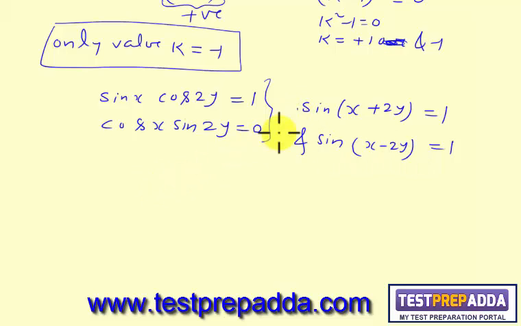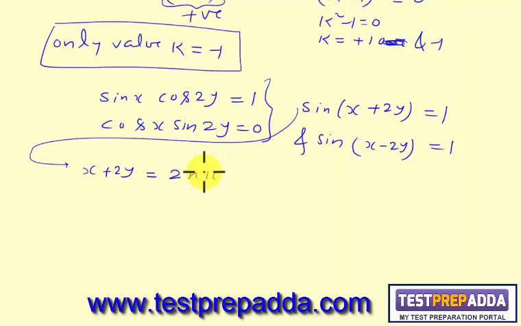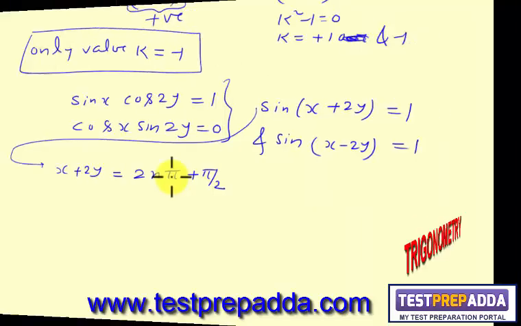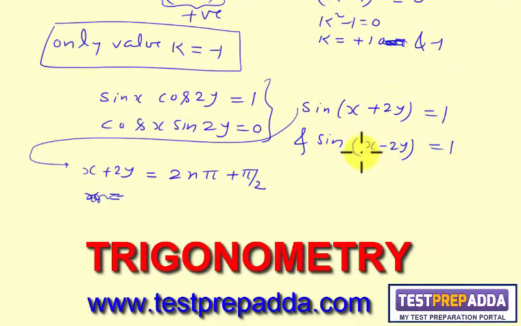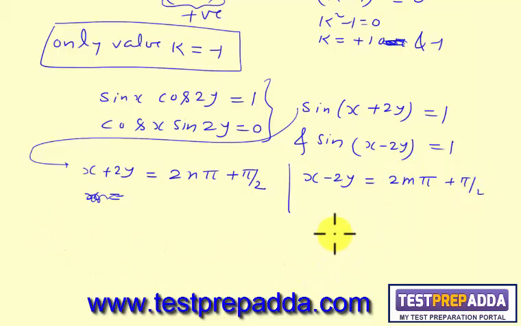Now with the help of this, first I can write x plus 2y is equal to 2n pi plus pi by 2, where n belongs to integer. Similarly, for sin(x minus 2y) is equal to 1, I can write x minus 2y is equal to 2m pi plus pi by 2, where m belongs to integer.